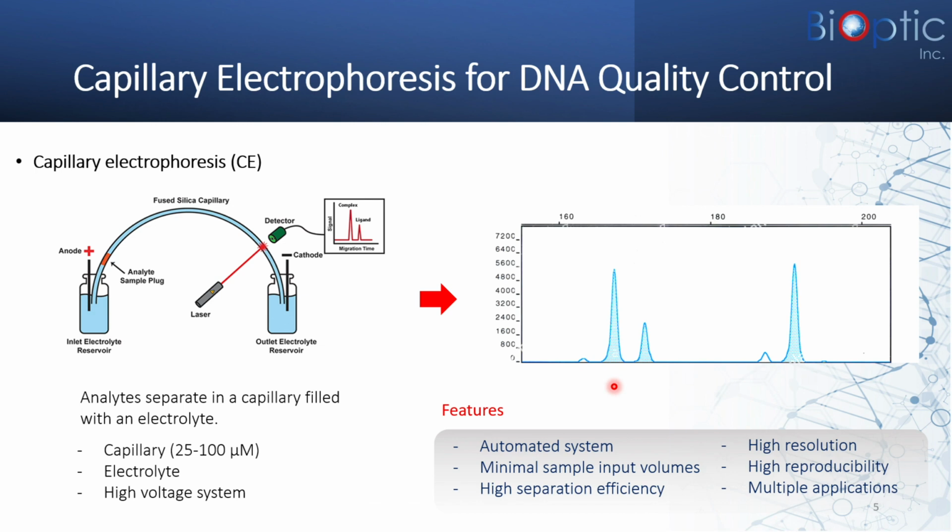Compared to the traditional slab gel, capillary electrophoresis is fully automatic. Because the DNA is separated in capillary with the 25 to 100 micrometer inner diameter, the sample consumption is low and the resolution is high. The most important is that the electrolyte can be changed to apply for different applications.